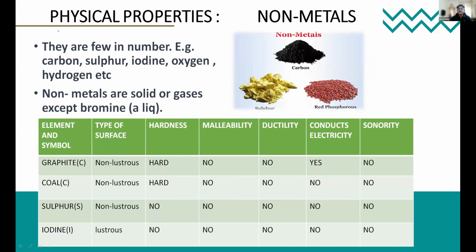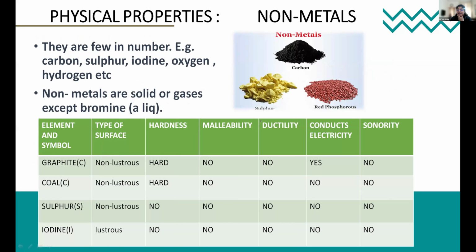Now, next is the physical properties of non-metals. We have seen six important properties of metals. Now let us see those of non-metals. Which are the different non-metals?